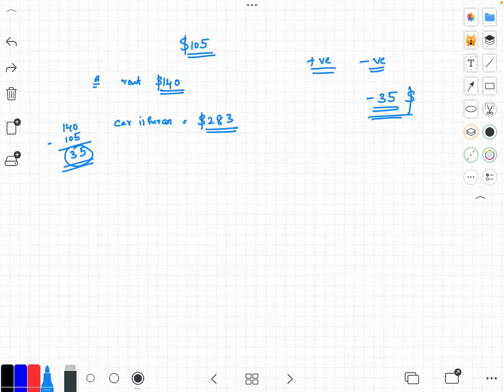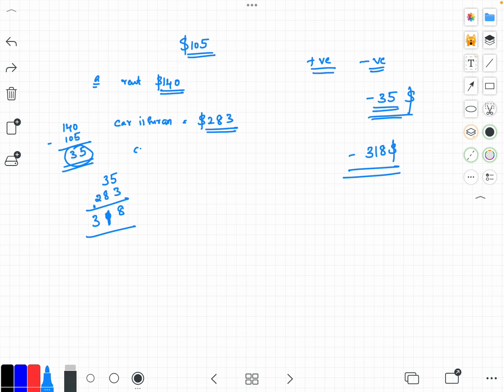So again debt. So to this 35 you have to add this again, $318. Now it is $318 in negative. So his balance is becoming lower and lower.